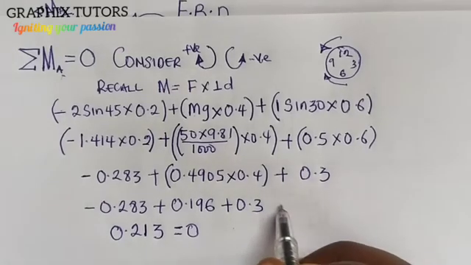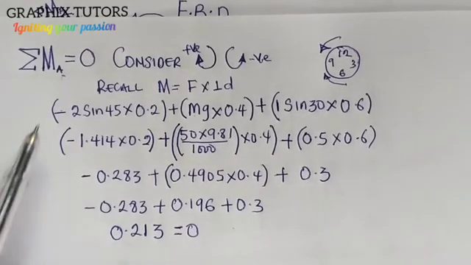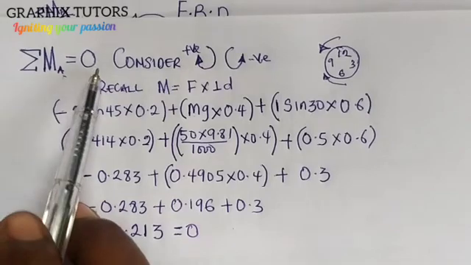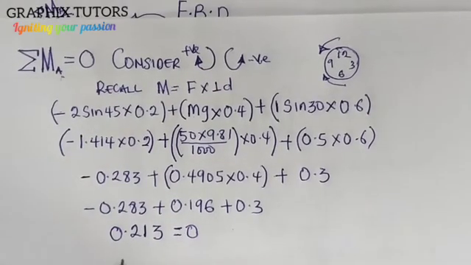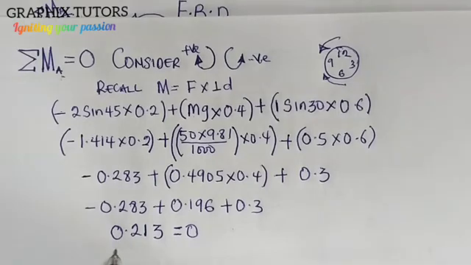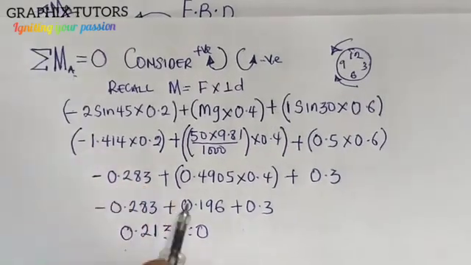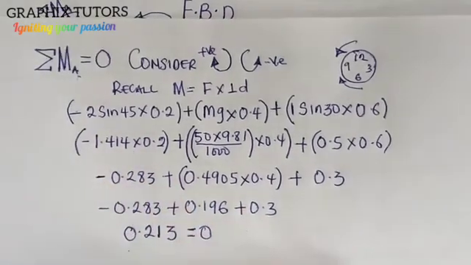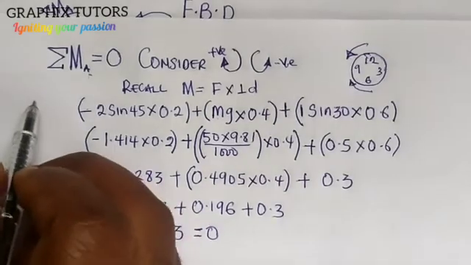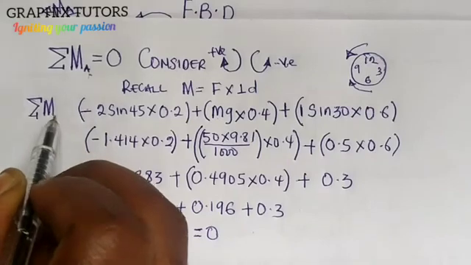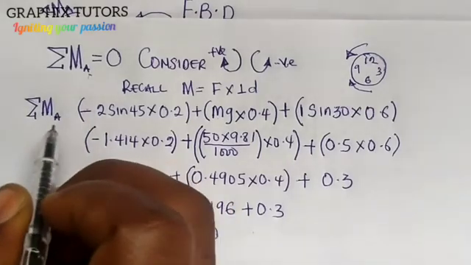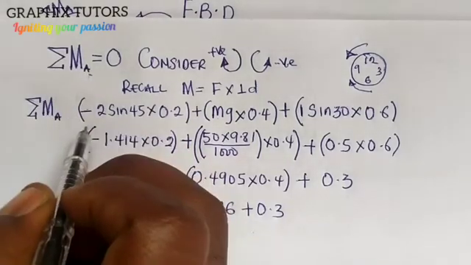Equated to 0. Now since the moment is equal to 0 and this is equal to 0, we can say that the summation of moment about point A is equal to this, right?